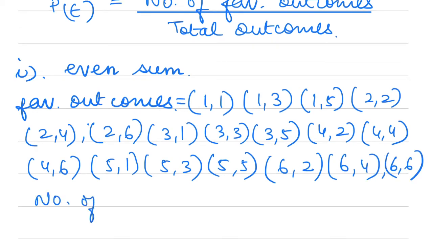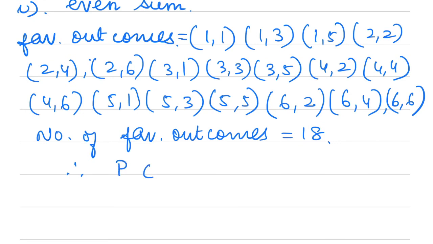Number of favorable outcomes are 18. Therefore, probability of this event is equal to 18 by total outcomes 36. So this is 1 by 2.